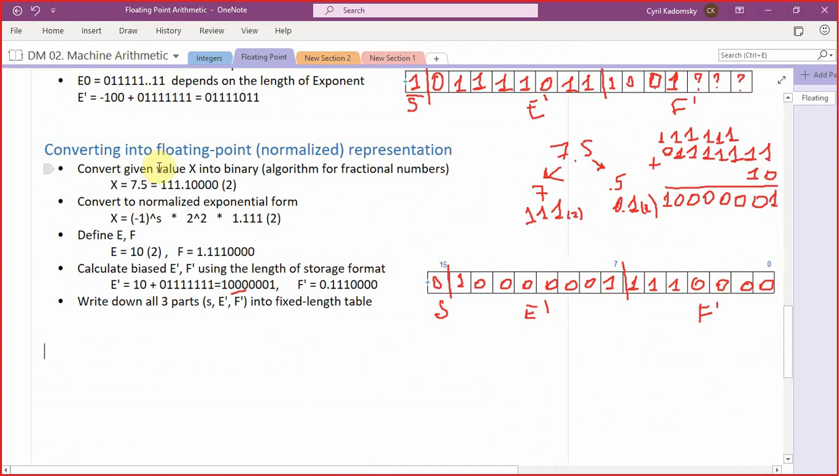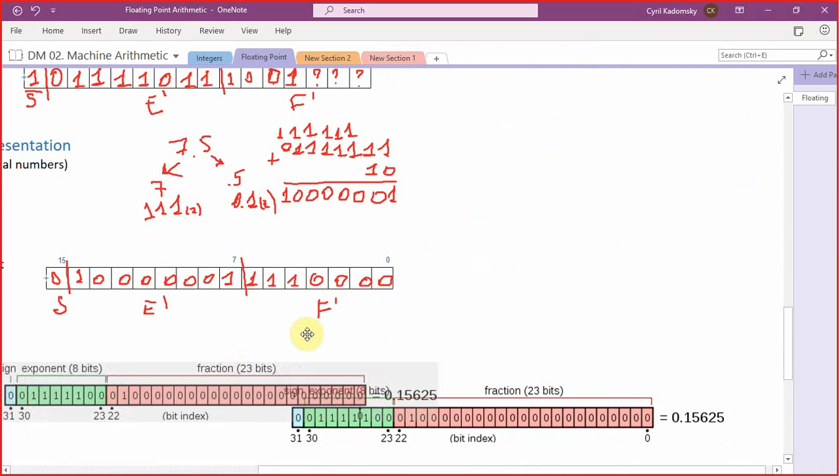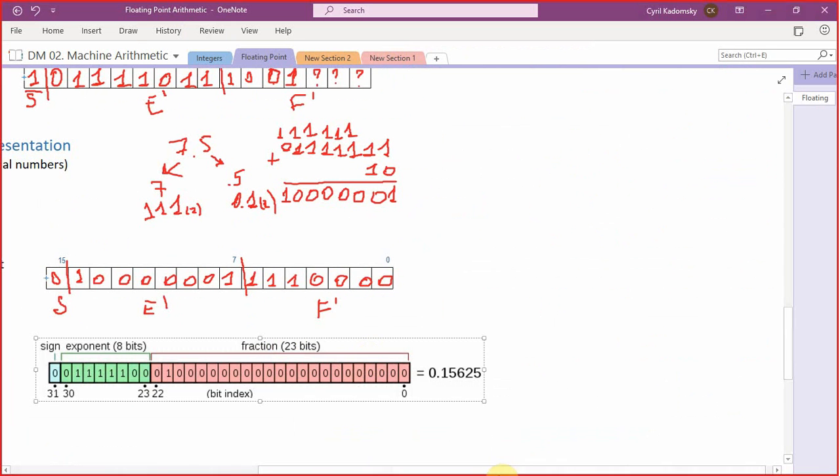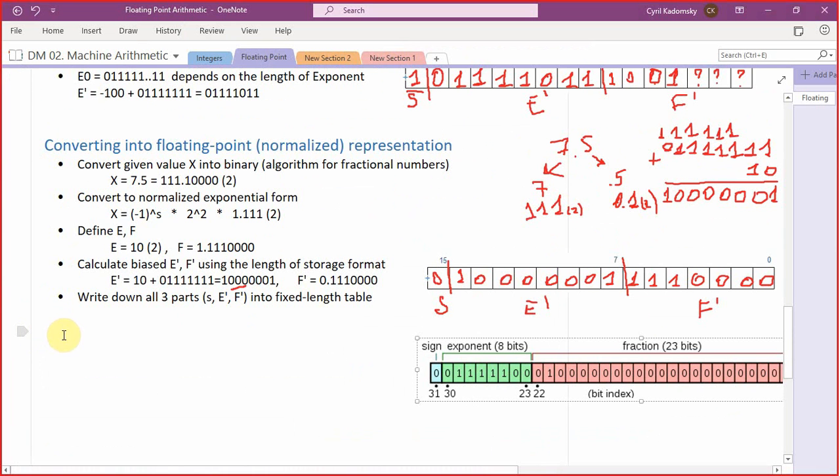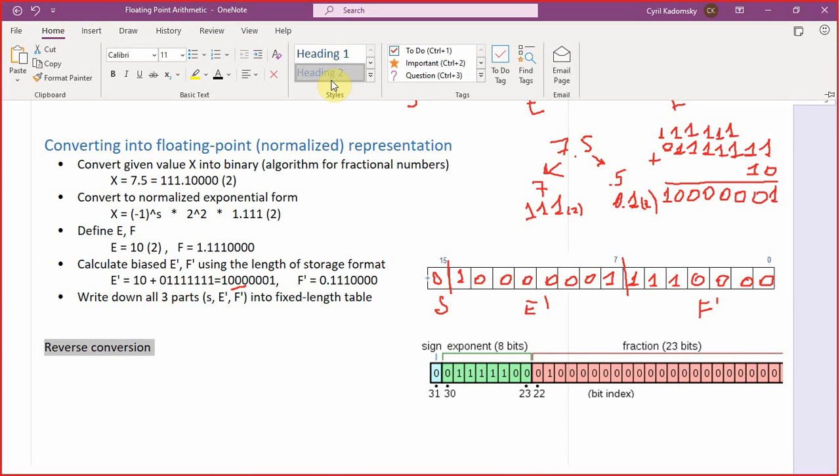So converting into floating point, and now we will have converting back from floating point to decimal. The reverse conversion. And we will have it as a next small topic.